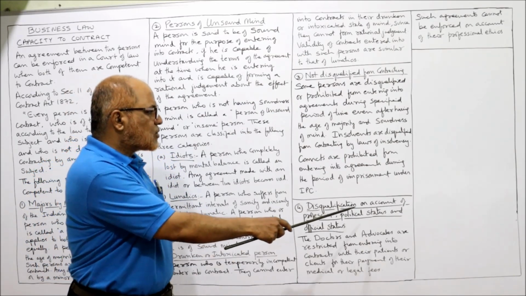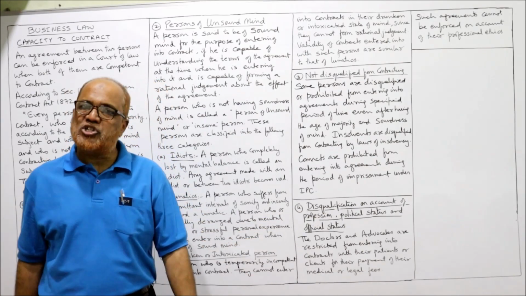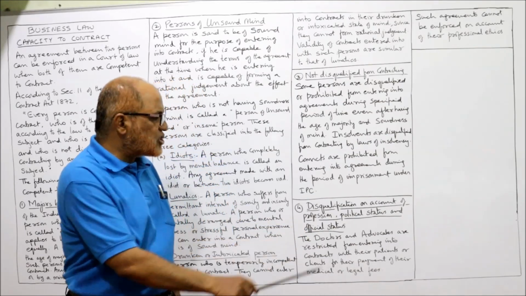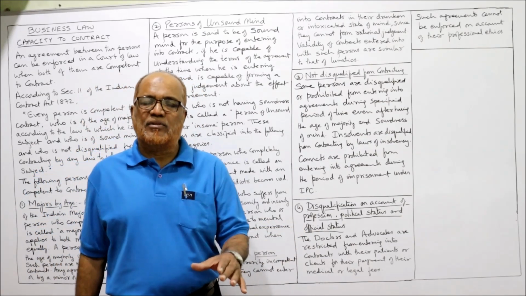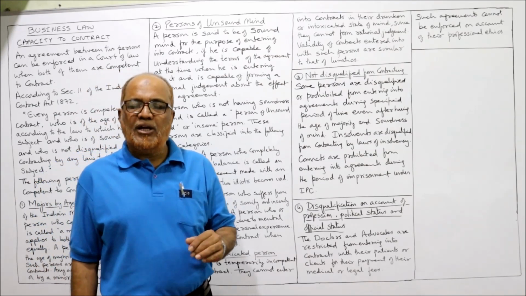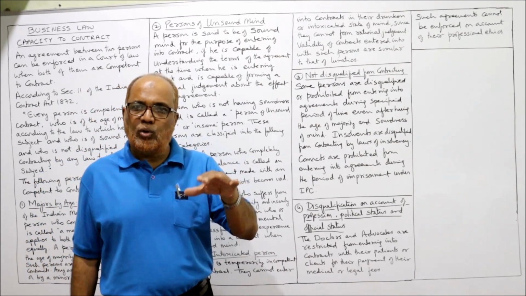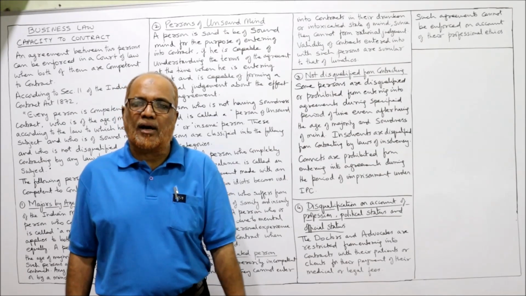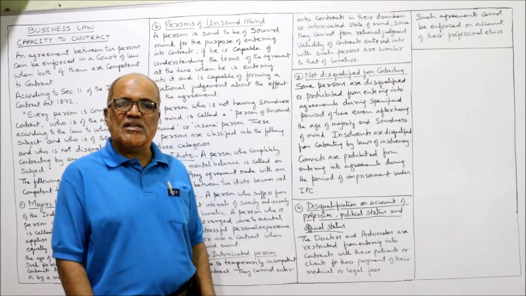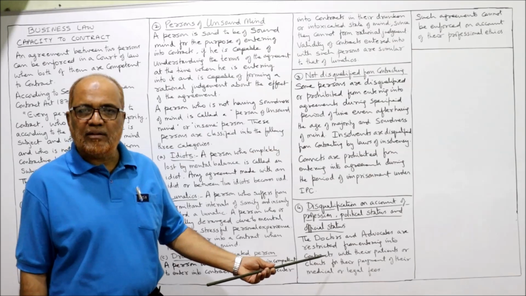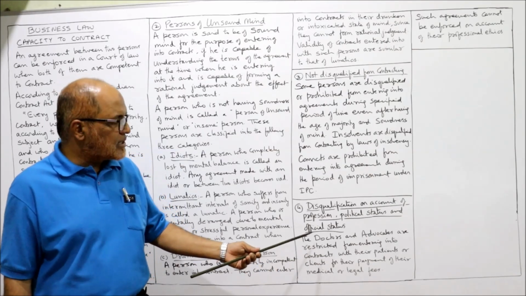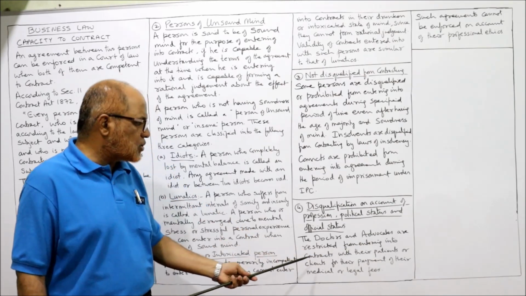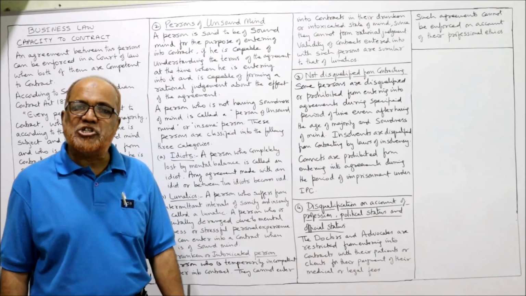Next one is disqualification on account of profession or political status or official status. Sometimes due to profession, political status or official status, a person cannot enter into contract. A simple example of this is doctors and advocates. They are professionals, and are restricted from entering into contract with their patients.